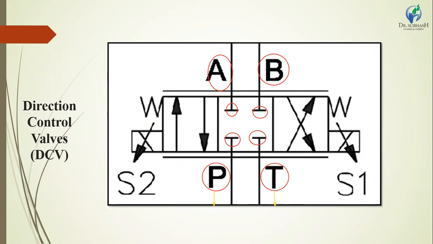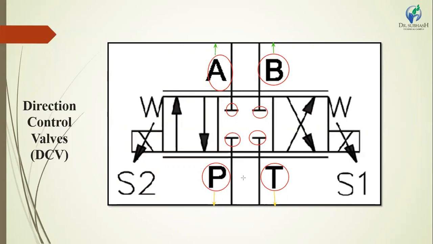Port A is directly connected to another element, and port B is also directly connected to another element, meaning the next working component parts are connected with A and B. P is connected to a hydraulic pump and T is connected directly to the return tank.